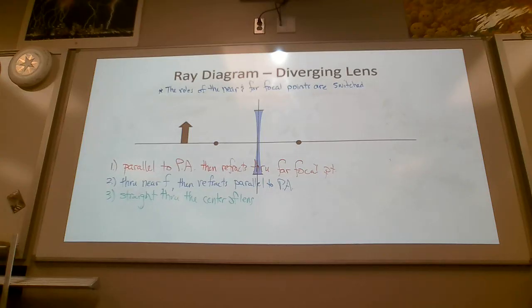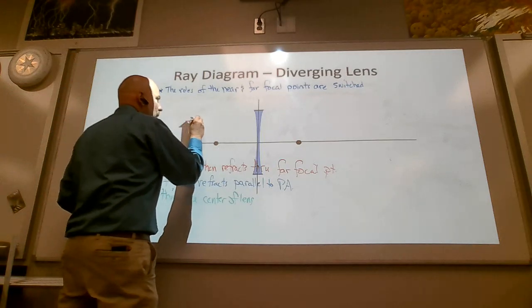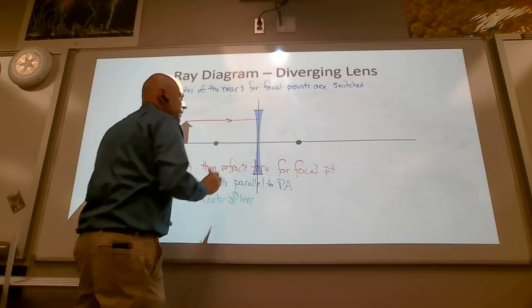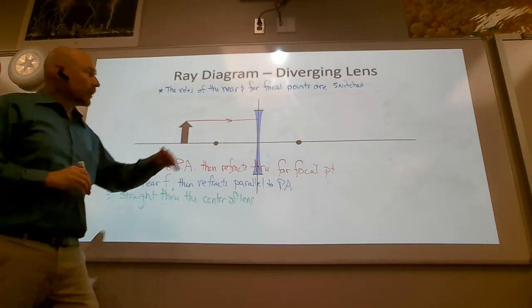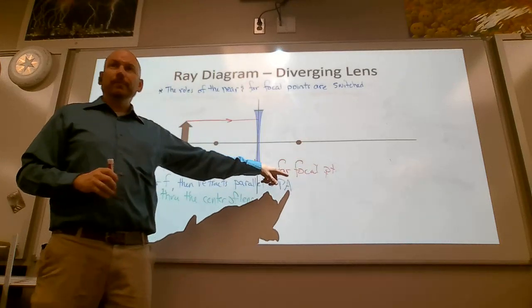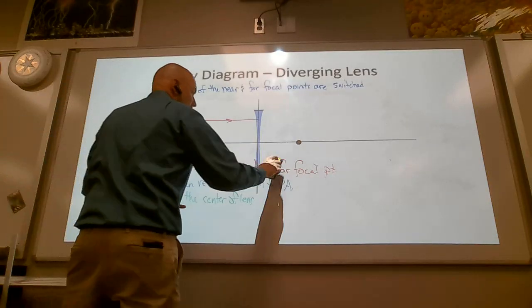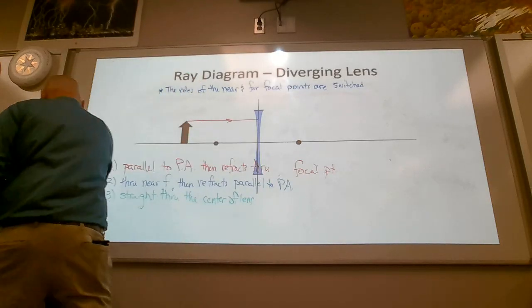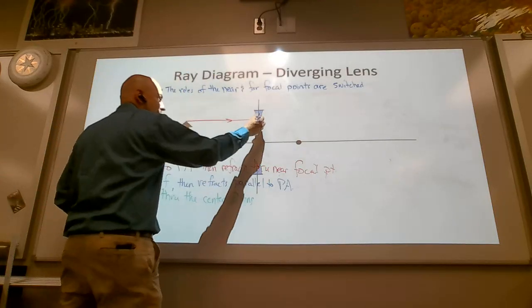What does that mean? Well, in this first ray, we're going to go parallel to the principal axis. If it was converging, we would go through the far focal point. But we're going to make that through the near focal point.